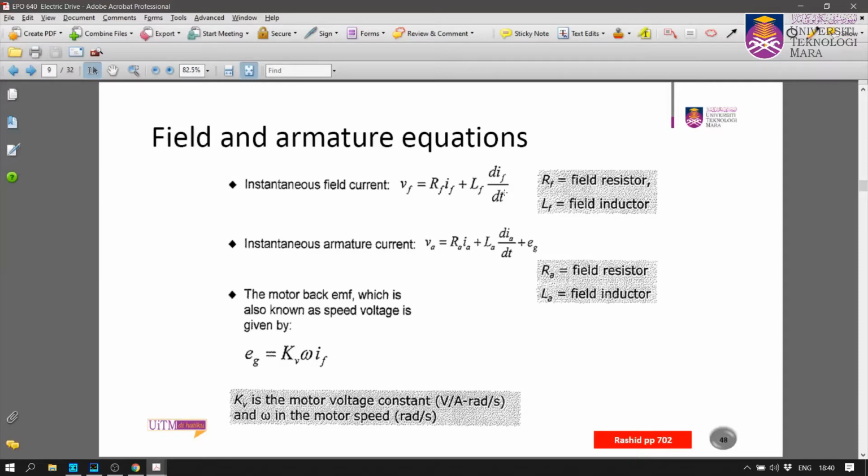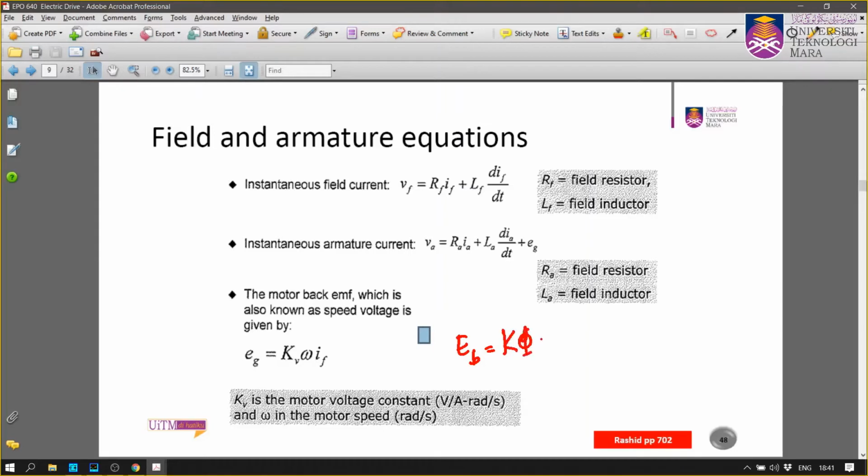And then the motor back EMF, we also know that EG equals KV omega IF, or you can also write the equation of EG, or E back EMF, equals K flux omega M. And again flux is proportional to IF, and that's why you have this equation on the left hand side here. Okay, so that's why you have that equation.